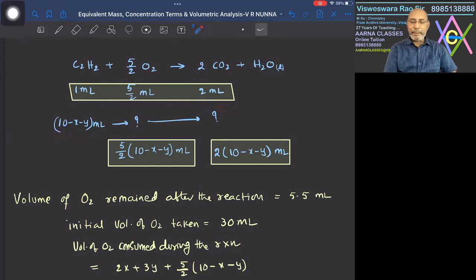How many ml of oxygen do 10 minus x minus y ml of acetylene need? 1 ml needs 5 by 2, so this much needs (10 minus x minus y) into 5 by 2 ml. 1 ml gives 2 ml, so this much gives 2 into (10 minus x minus y) ml. So by burning 10 minus x minus y ml of acetylene, you get 2 into (10 minus x minus y) ml of carbon dioxide, and for this combustion you need 5 by 2 into (10 minus x minus y) ml of oxygen.